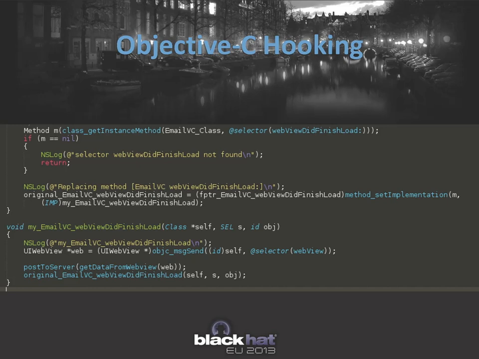Here's, for example, how we did it for Good. We have a method called webViewDidFinishLoad, which is called when the email is loaded into the UI. We save the original method using method_setImplementation. Once it's called, before we call the original one, we pull out the email from the UI, and then we send it home.